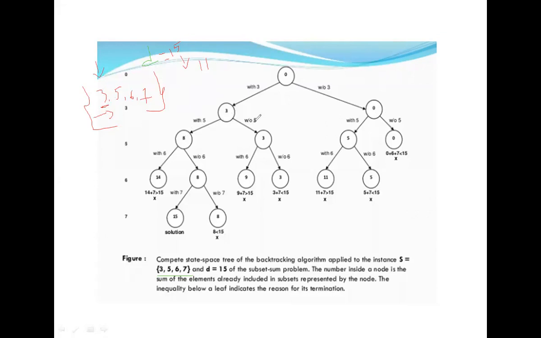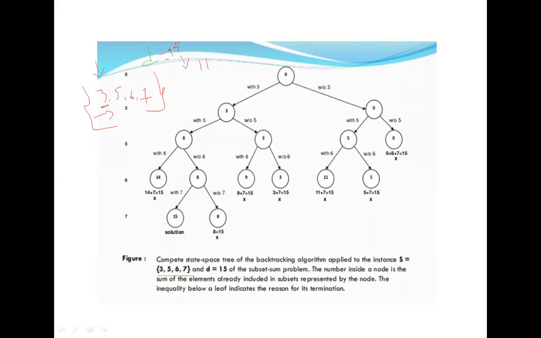Without including 5, the previous value of the sum is 3, so we just take the 3 value as it is. Here we can add the 5, that value is 8. Here we cannot add the 5, so we give the value 3 here. Okay, clear students?